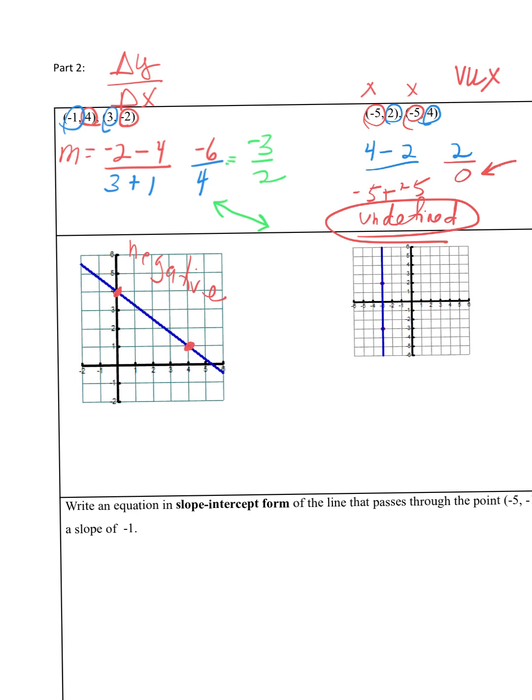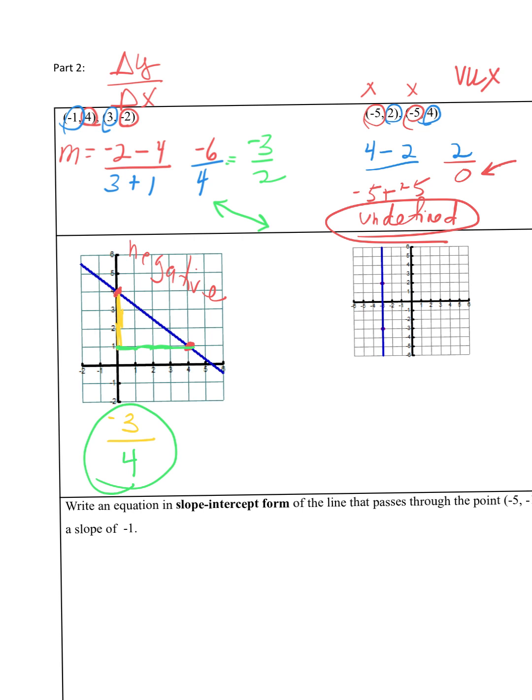And so therefore, I'm going to count my rise over 1. I'm going to count down 1, 2, 3. That'll give me a -3. And then I'm going to count to the right 1, 2, 3, 4. And therefore my slope is a -3/4.